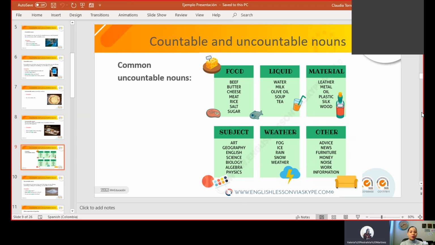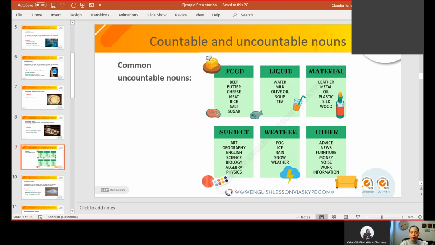Now, the news. So the news is uncountable. I know it has an S at the end, so we may think, oh, that's a plural. But no. If you want to say the singular, you can say a news item.